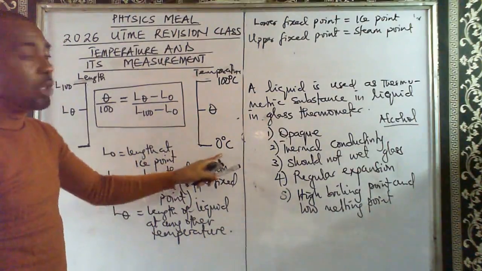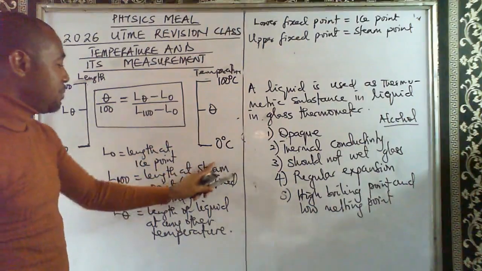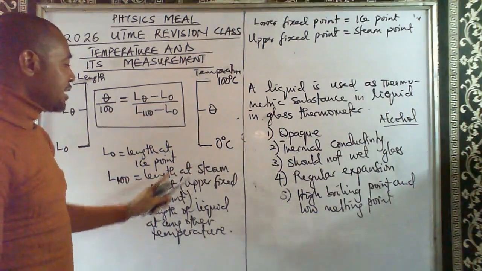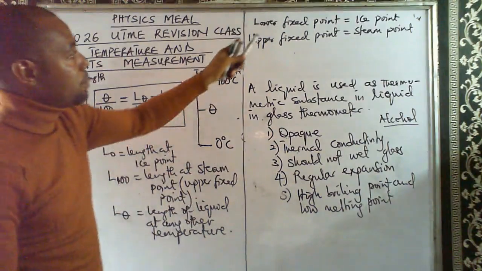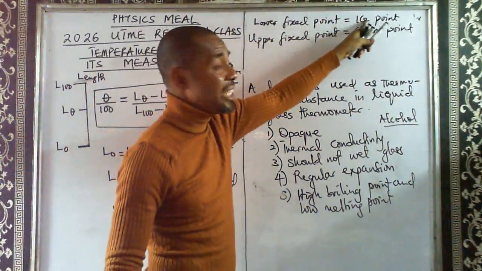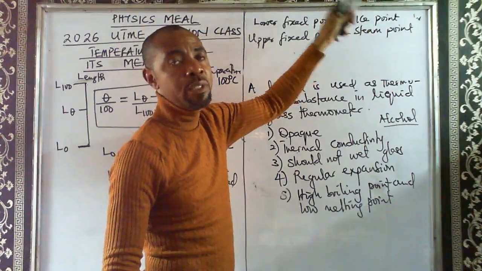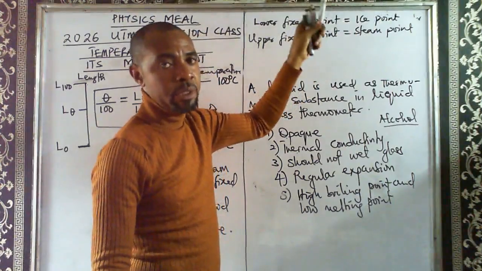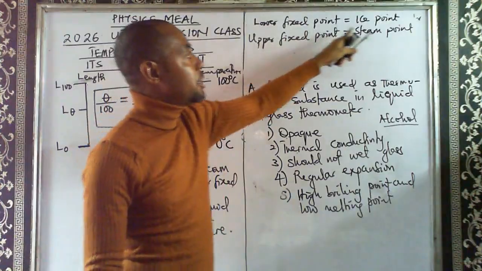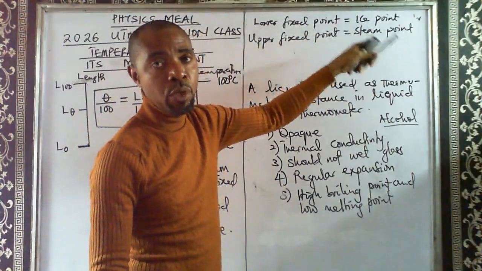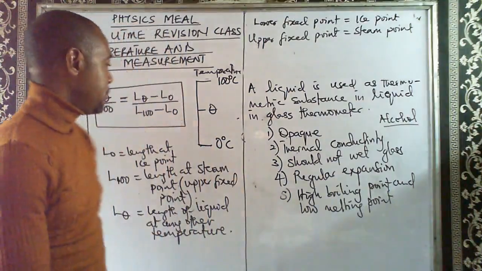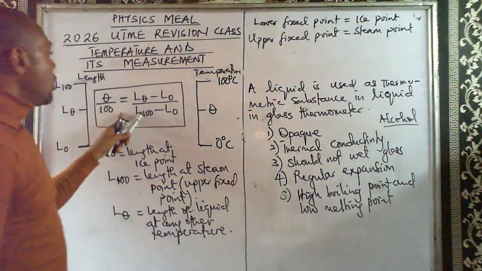L100 is the length at what? Upper fixed point, or length at steam point, or length at boiling point. Remember, I explained this here. Lower fixed point means ice point. It also means freezing point. It also means melting point. Upper fixed point means steam point. It also means boiling what? Boiling point.